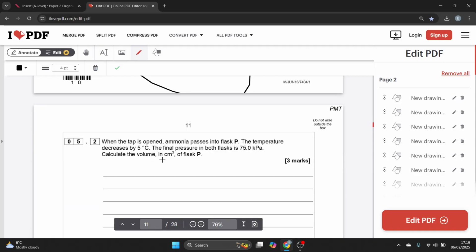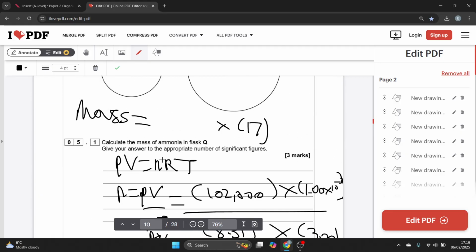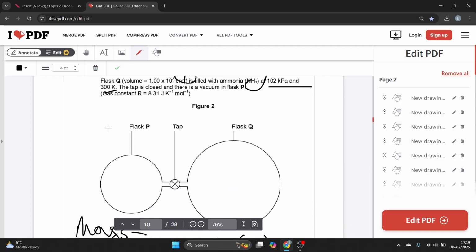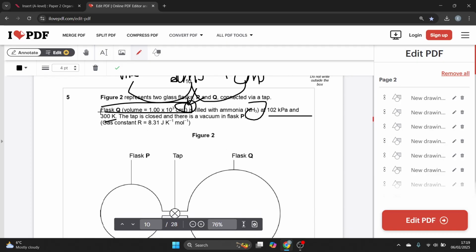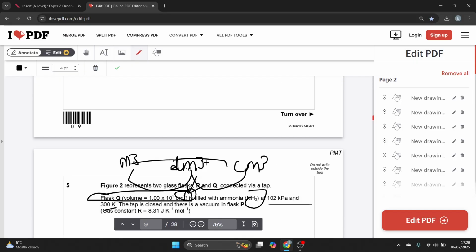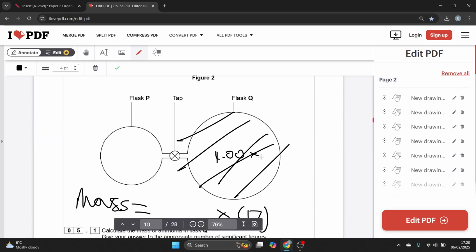Now, the second part of the question is definitely going to be a lot more challenging. It says when the tap is opened, ammonia passes into flask P. The temperature decreases by 5 degrees Celsius. The final pressure in both flasks is given. Calculate the volume of flask P. Actually, the question tells me flask Q has a volume of 1.00 times 10 to the power minus 3 meters cubed.